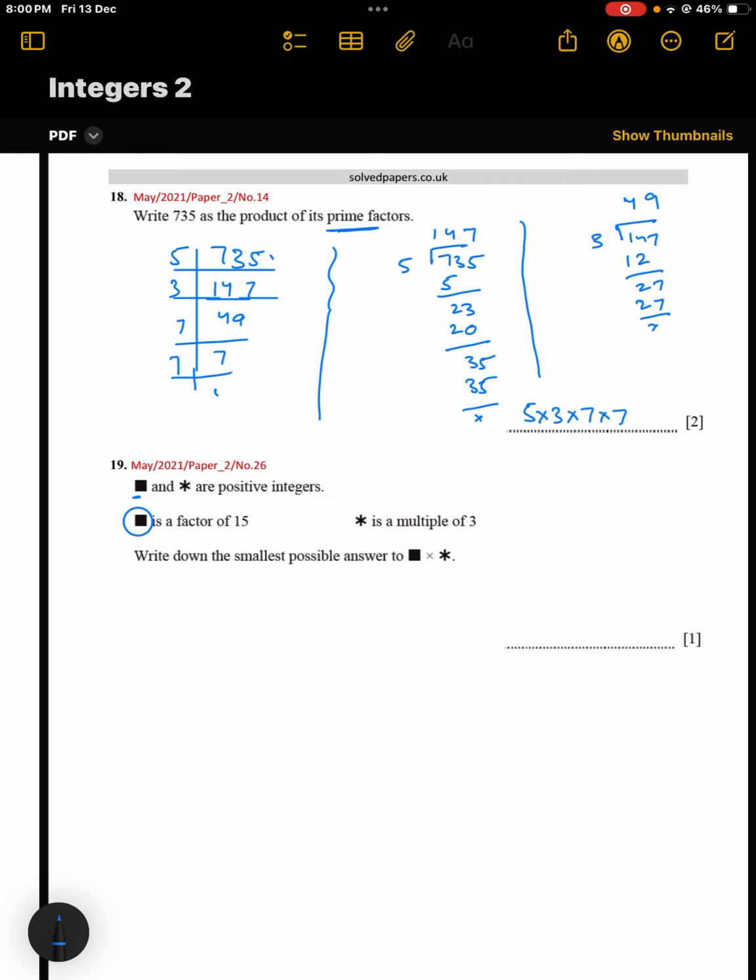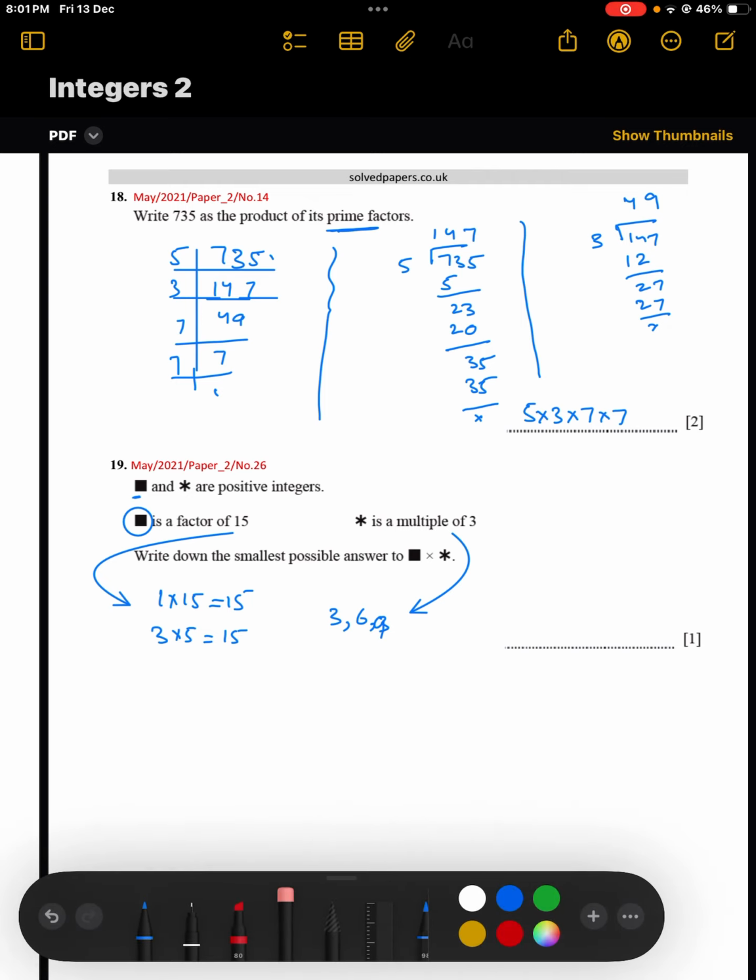Means that 15 can be written as 1 times 15 and 3 times 5, or 5 times 3, and the box is a multiple of 3. So 3 times 1 is 3, 3 times 2 is 6, 3 times 3 is 9.